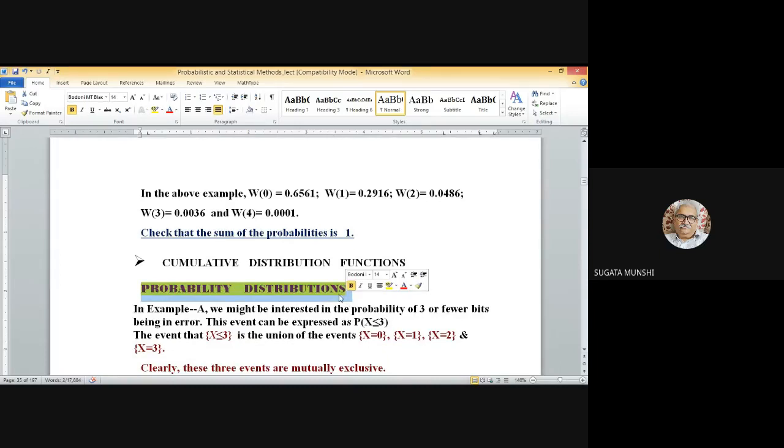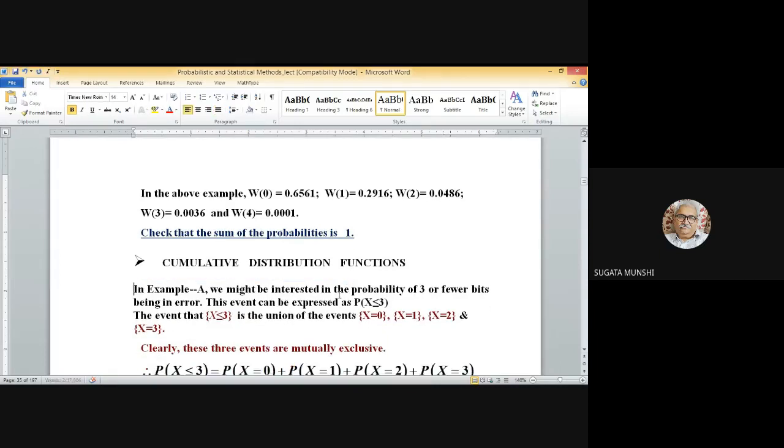As I was saying earlier, instead of capital X equal to 0, capital X equal to 1, etc., we might be interested in finding the probability of the event capital X less than equal to 3, capital X greater than equal to 4, all these things. How will you get the probability of capital X less than equal to 3? This is actually a union of all these events.